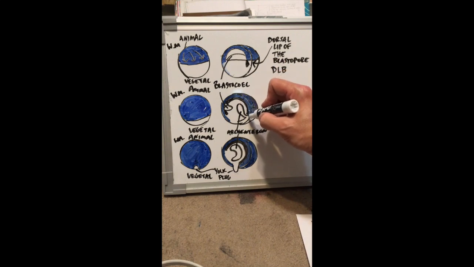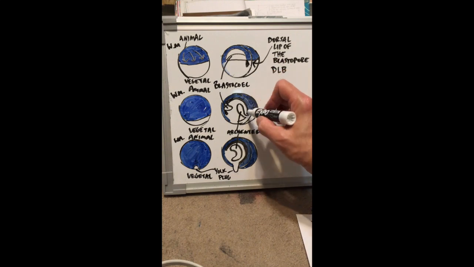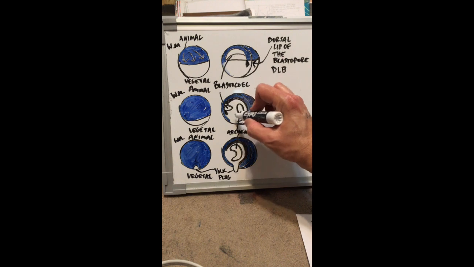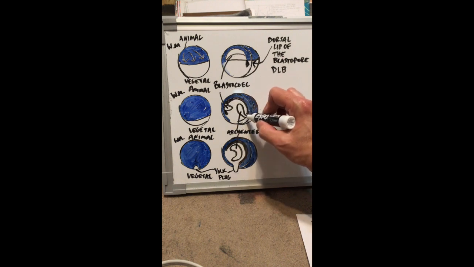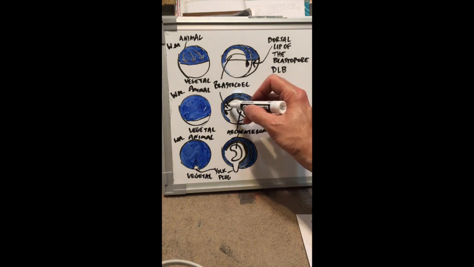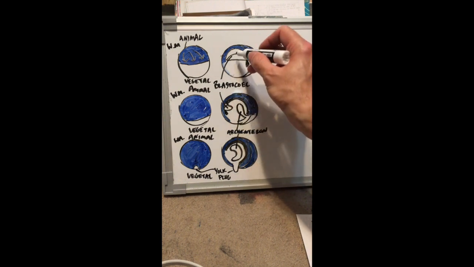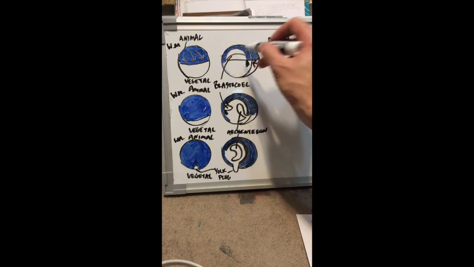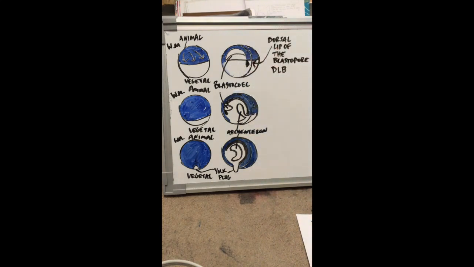The cells that turn further in, they're going to form endoderm, and they're also going to make this new cavity called the archenteron, and that's going to replace or push out the old cavity, the blastocoel, which is the identifying feature of the blastula, which is what this thing was at the beginning of gastrulation.